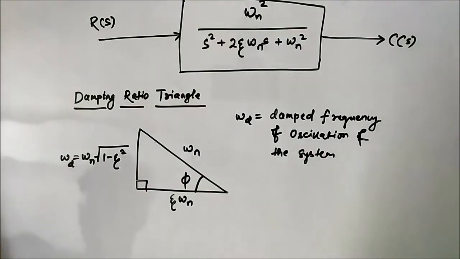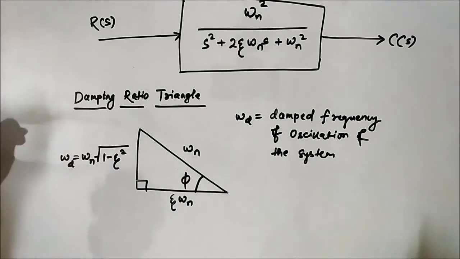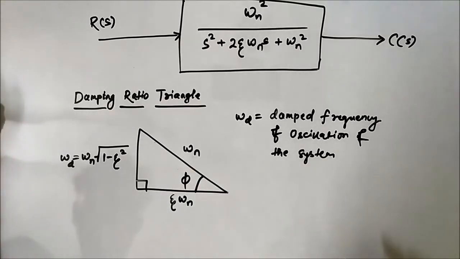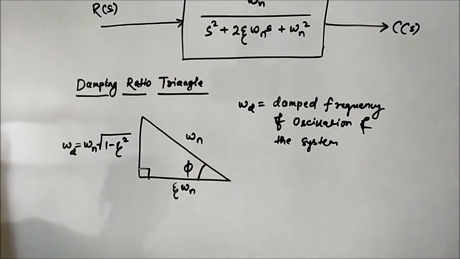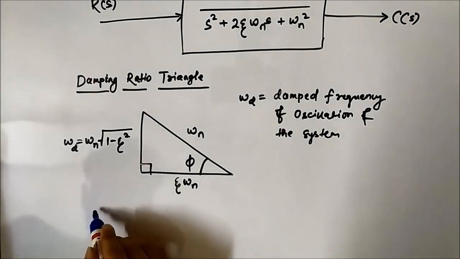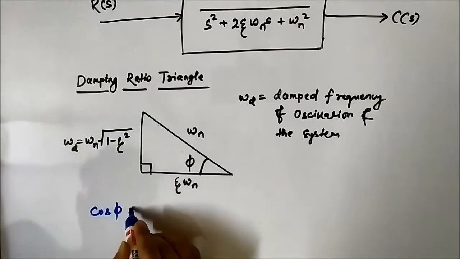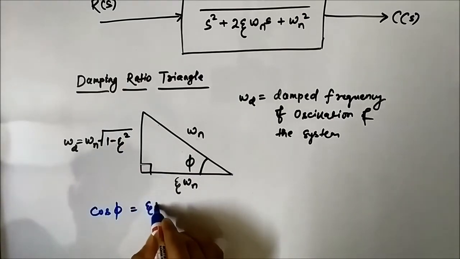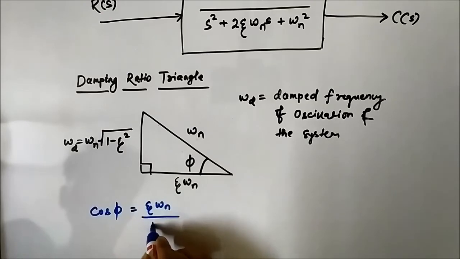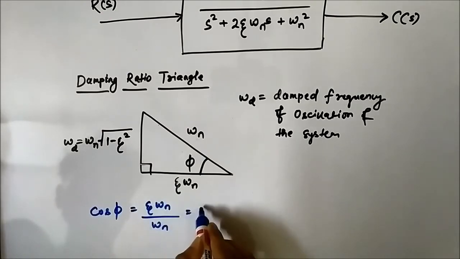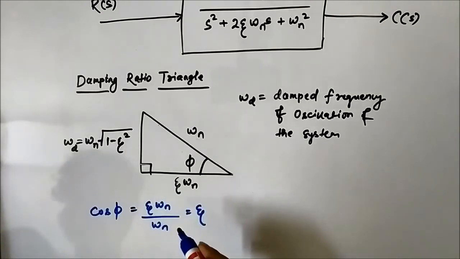Now there are various things that we can calculate using the trigonometric laws. First, cos phi is base by hypotenuse, which is zeta omega n by omega n, which is simply equal to zeta.